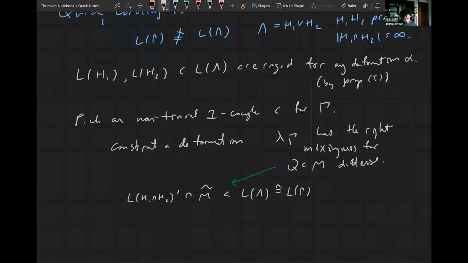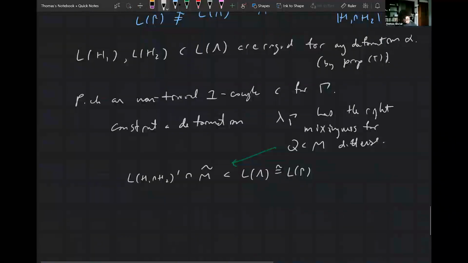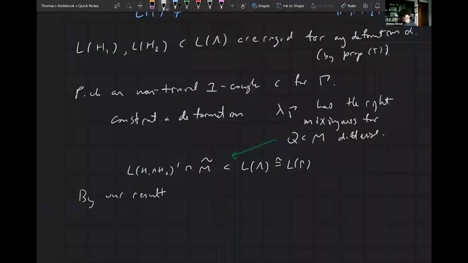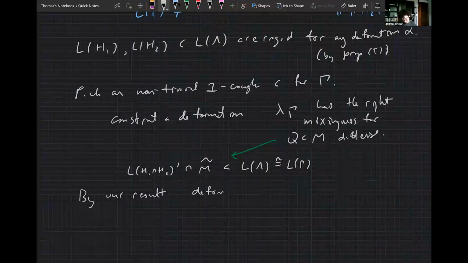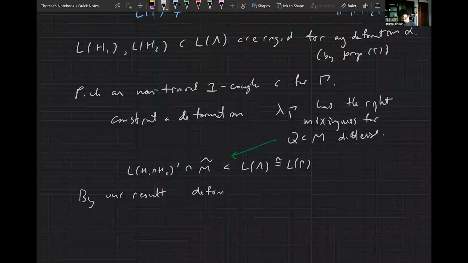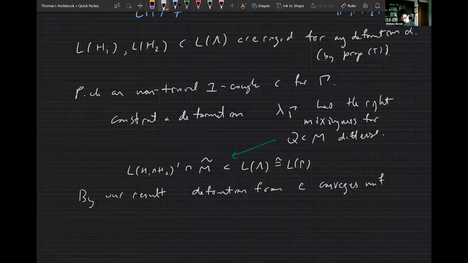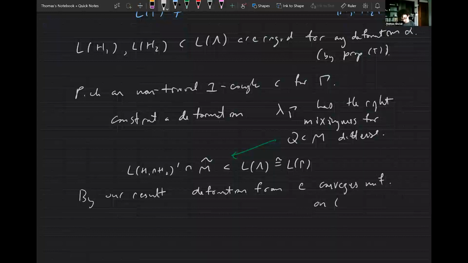And so by our main result, we have that this deformation that you get from the cocycle converges uniformly on the unit ball of L gamma, but this is a contradiction.